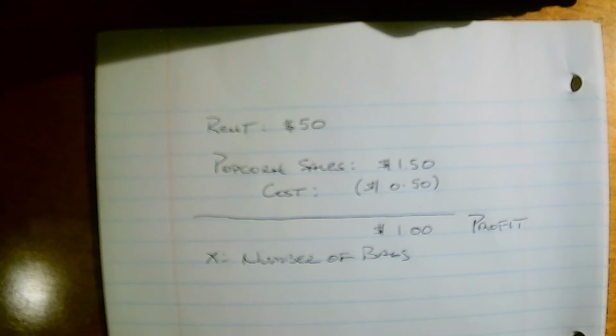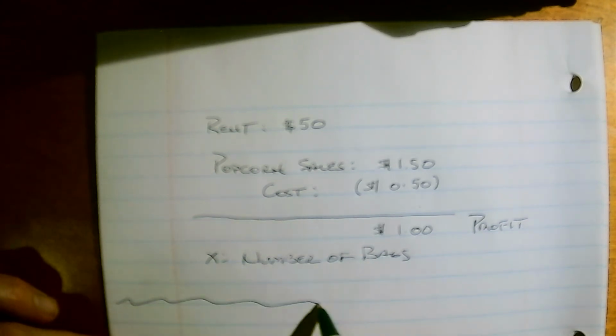You're going to have to figure out how to set up an inequality to indicate that the amount of money we get from popcorn, at $1 per bag, has to be greater than $50, because if it was equal to $50, we wouldn't have a profit yet. It wants to know how many bags we have to sell at least in order to start making a profit. So I'll leave the rest of that problem to you.